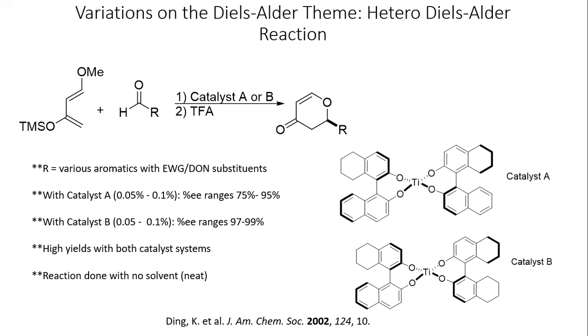Normally when you do a reaction in organic chemistry, you're doing it in some solvent like dichloromethane or methanol or THF or water or something. There's always going to be a step at the end of the reaction after you work it up, separate everything, where you're going to have to get rid of the solvent. And in this particular case, you don't have to do that because there's no solvent present.